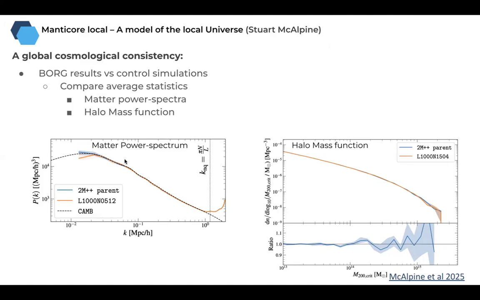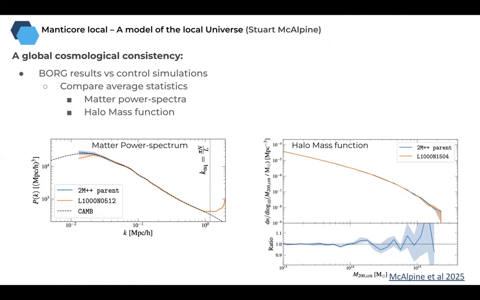In blue, you see our reconstructions including the uncertainties, and in orange you see the corresponding random numerical simulations, and you see that there is great correspondence down to the Nyquist frequency. Similarly, we see the behavior for the halo mass functions that are in agreement with the expectation of a lambda CDM model, and you can see that we are basically providing the same kind of information that you get from a classical statistical summary analysis.